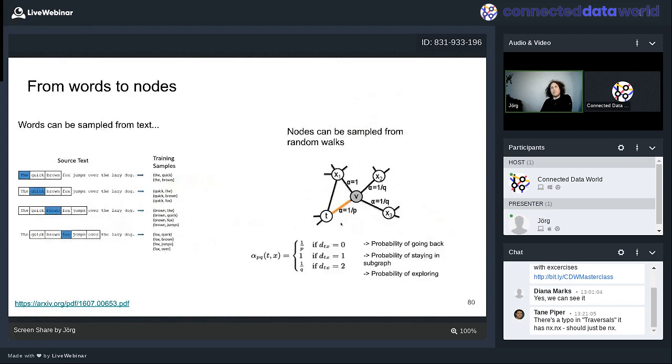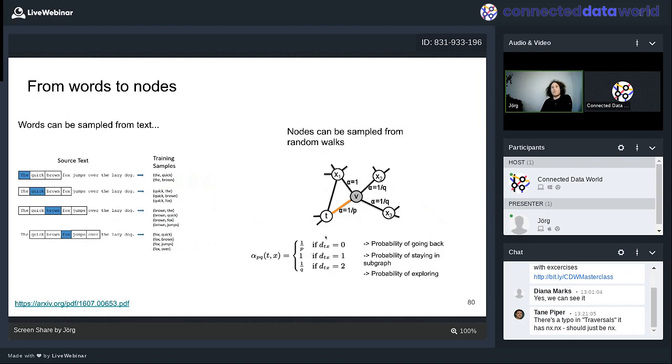We can also do that a bit more intelligently by having certain transition probabilities. For example, we have 3 different cases in a graph for how we could transition. We just transitioned over from T to V. Now we're at this middle node and trying to decide where we want to go. The first option would be to go back to the same node we came from.